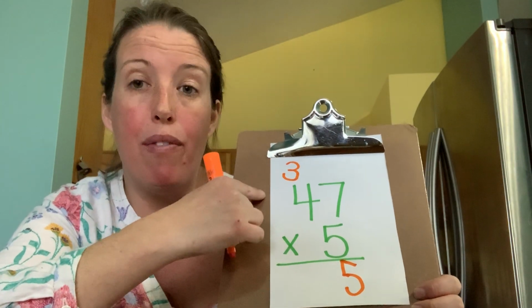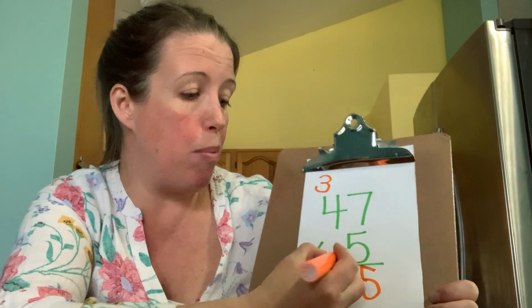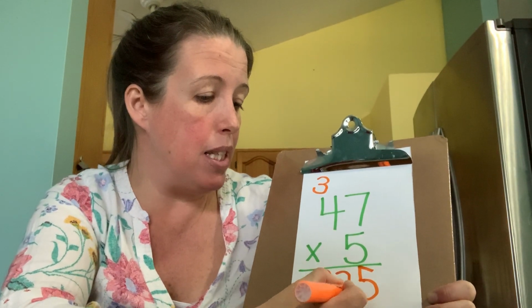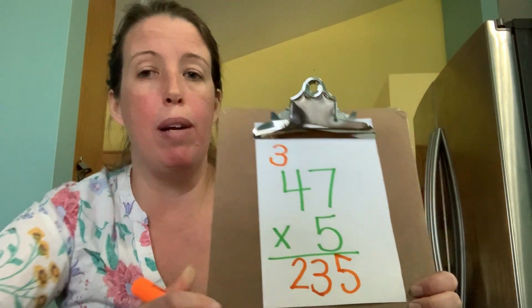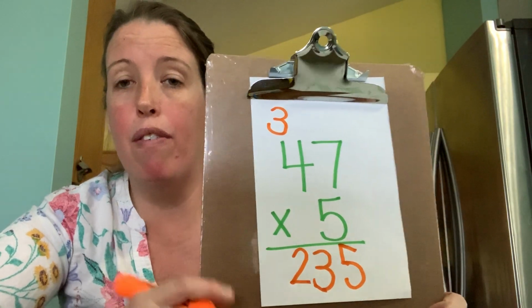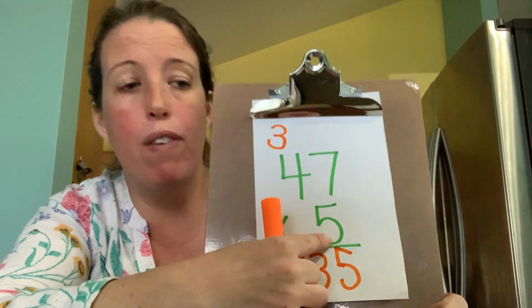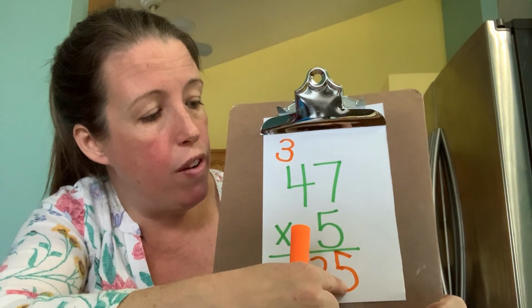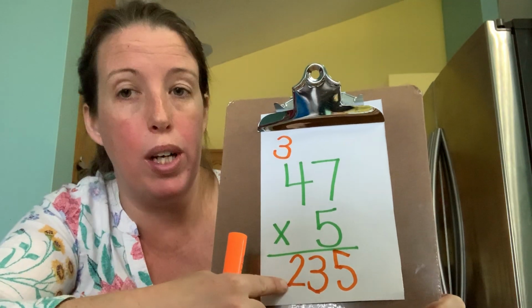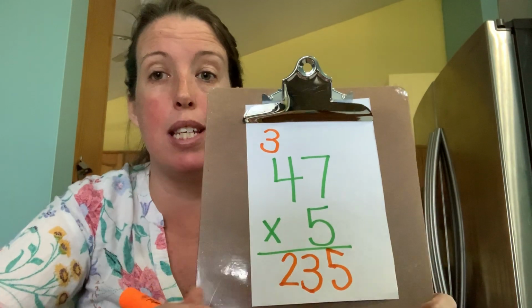Since I don't have any more place values, I'm allowed to put both of those numbers right in my product. 23. So my answer is 235. 7 times 5, 35. 5 times 4 is 20 plus 3, 23. So that's where all the digits came from.